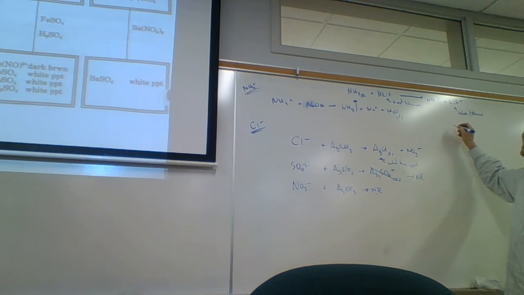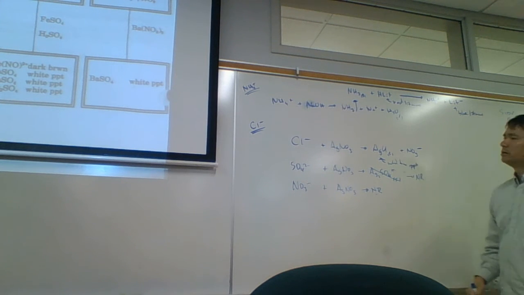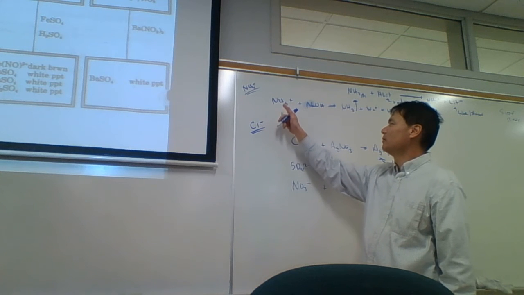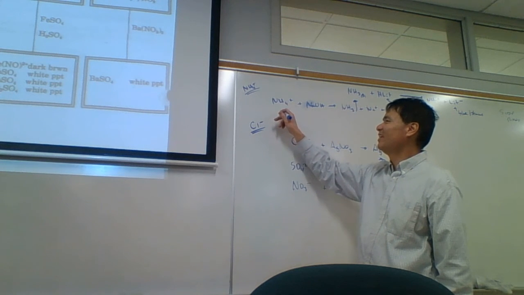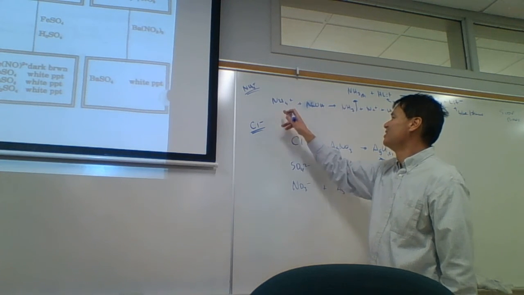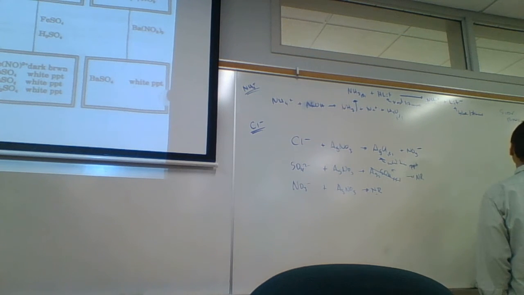There are side reactions in the ammonia test, and so I need to talk about the side reactions here. So what else might be present? Well, we got ammonium. We also have silver, lead, barium, and manganese present.